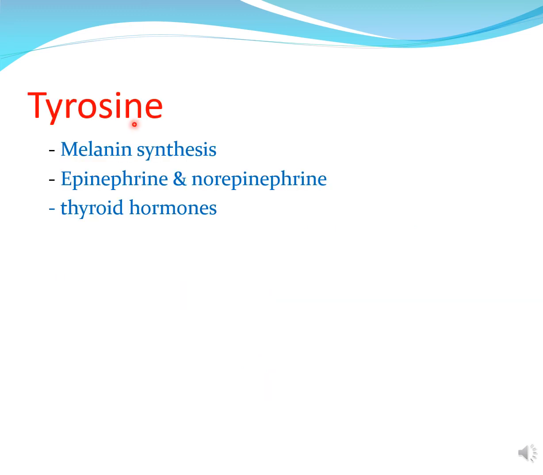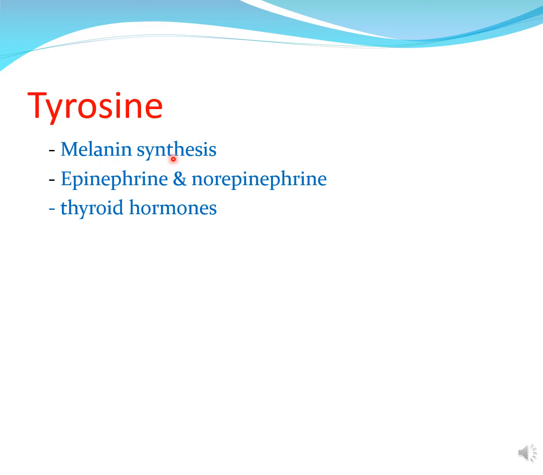Tyrosine. Tyrosine is a very important amino acid. It has several distinct pathways for synthesis of distinct substances. First, it is the precursor for melanin synthesis, which is the pigment in the epithelial cells of the skin.